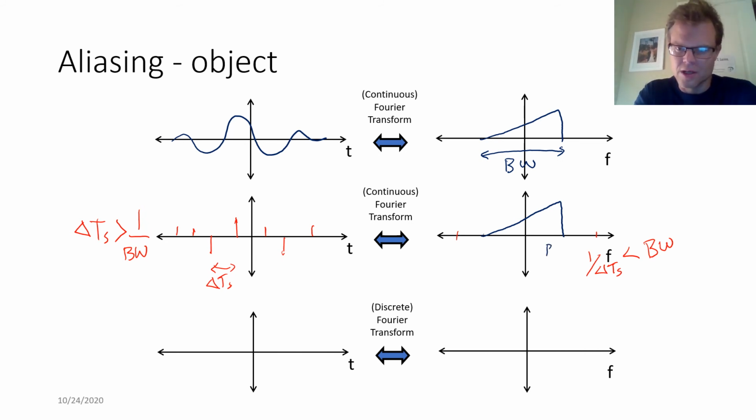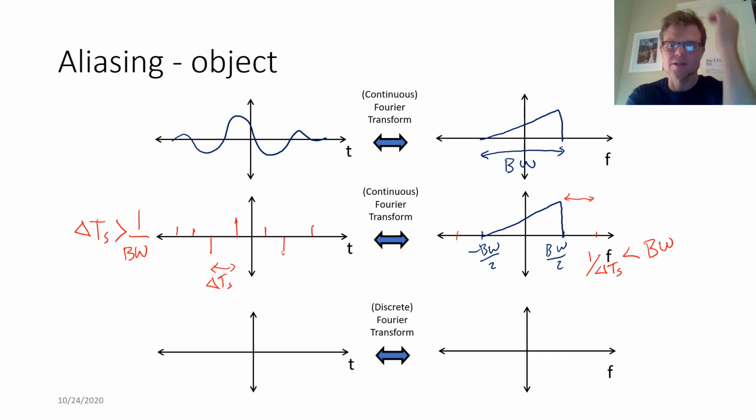This location here is bandwidth over 2, but the distance between this replica and this edge here, due to this sampling duration, is going to be less than bandwidth over 2.